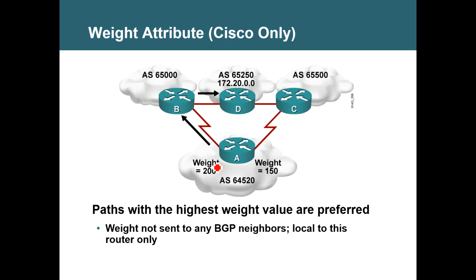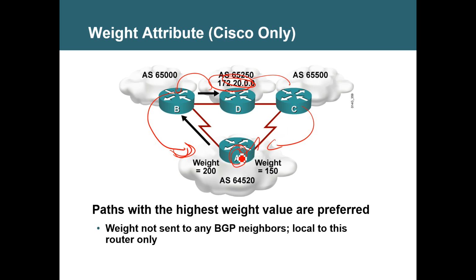What is the difference between weight and local preference? Weight, in whichever router you configure it, only on that router is it going to have an impact. I configure weight on router A. Whatever update comes, this network will be advertised to A by B and by C. Both B and C are advertising that network.